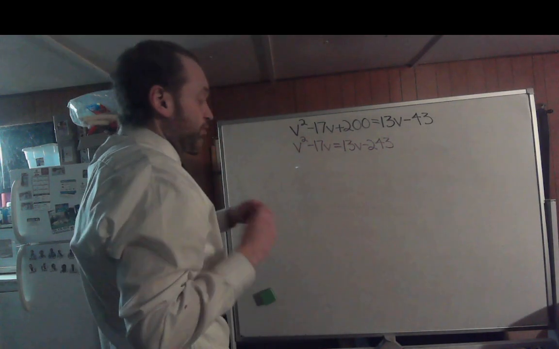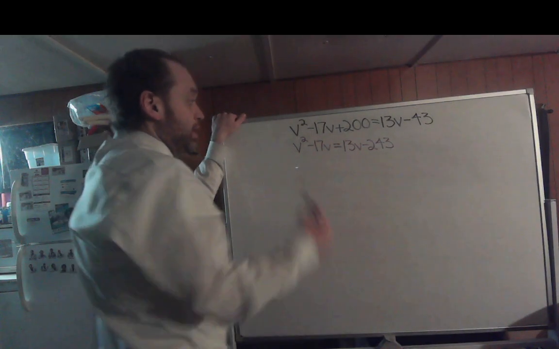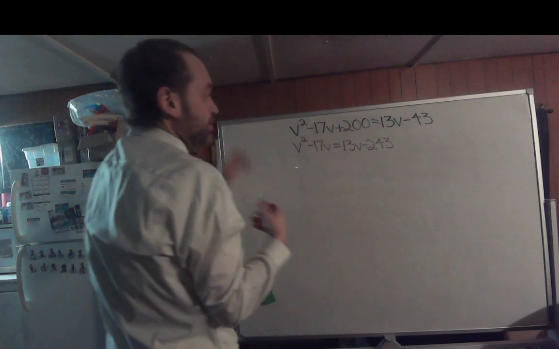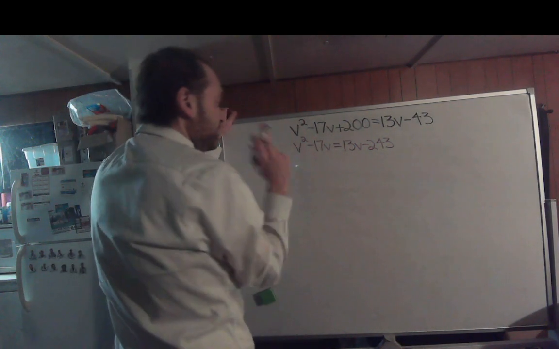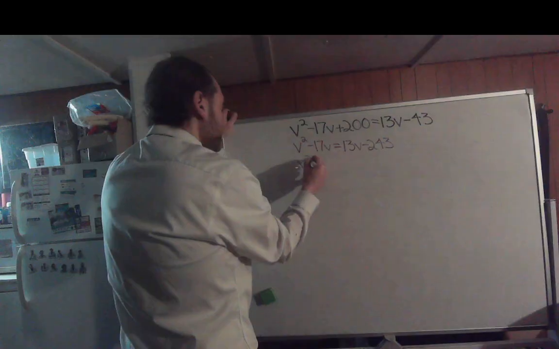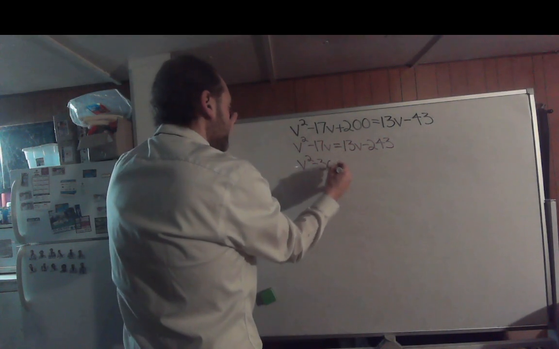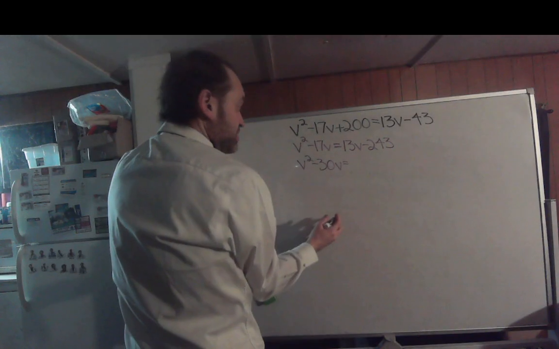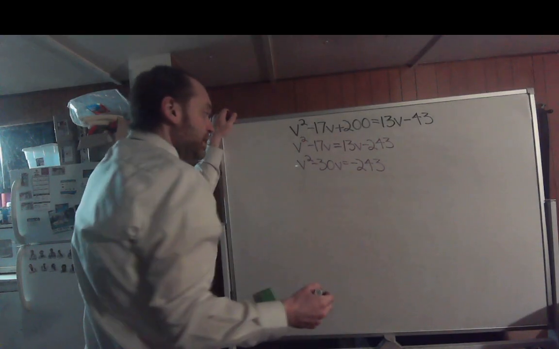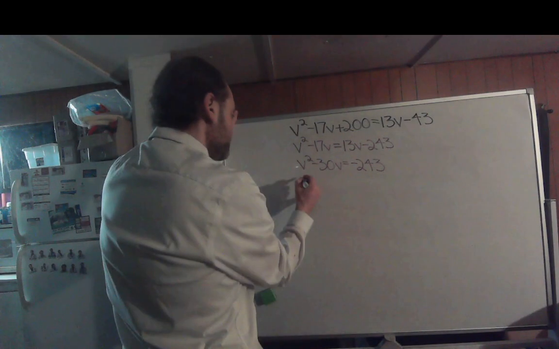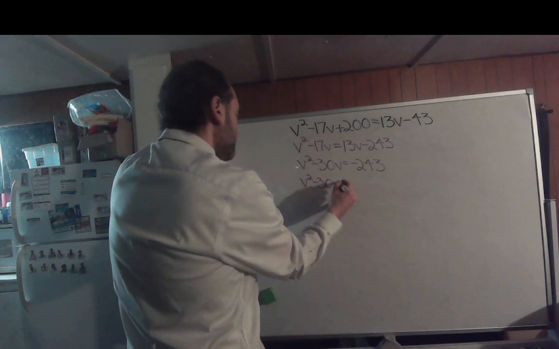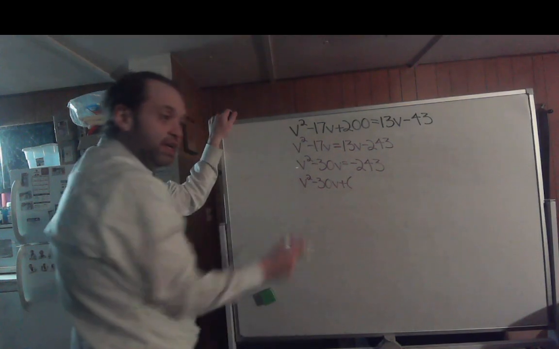Now let's get rid of the variable term out of the right-hand side. Subtract 13v from both sides, you would get v squared minus 30v is going to be equal to negative 243. All right, now we can start completing the square. So that'll be v squared minus 30v plus, now what is half of negative 30?